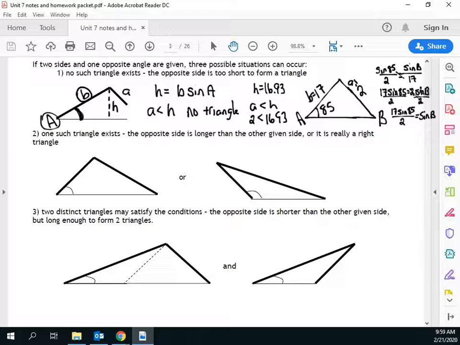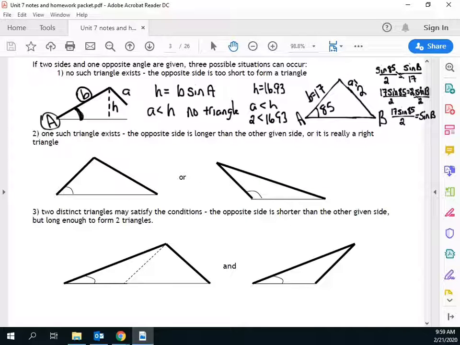So this proves you can go through this process, guys. If you go through this process like you did before, we've already done it twice. We did the exact same thing here, and we end up with an error. When you end up with an error, that means no triangle exists. It proves that that length of 2 is not sufficient with an angle of 85 degrees.